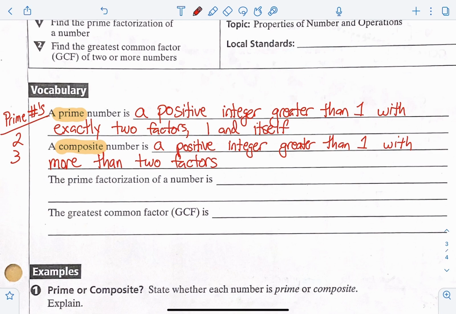You see how the pattern's working? So we have 5, 7, then we skip all the way up to 11, 13, 17, and 19. Those are the first few prime numbers. Those will be helpful as we're making factor trees today because you'll need to use prime numbers to do that.